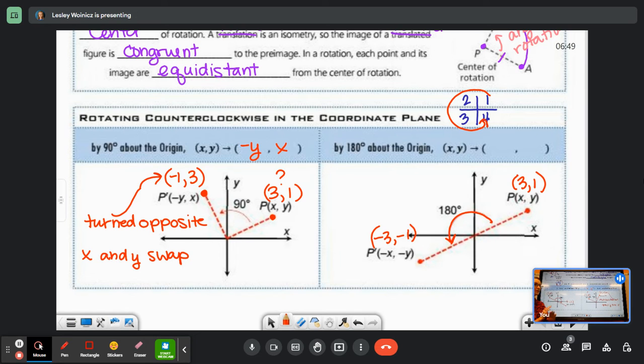So they didn't flip-flop spots this time. The x is still where it was, the y is still where it was, but both of the signs changed. So x and y stay, but both are opposite.